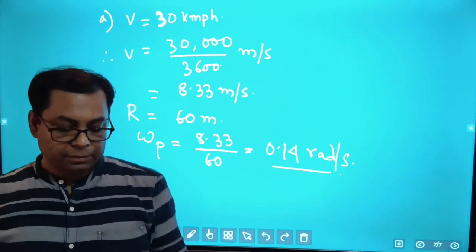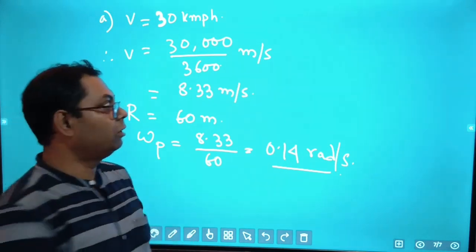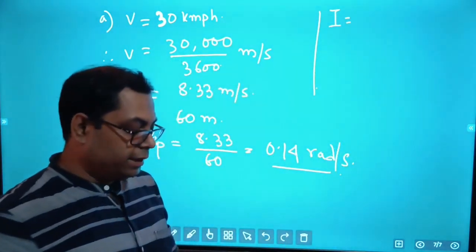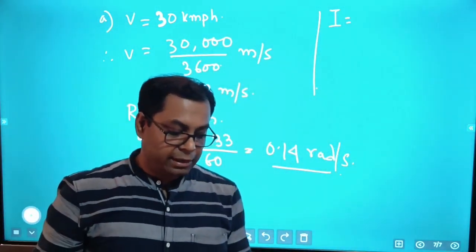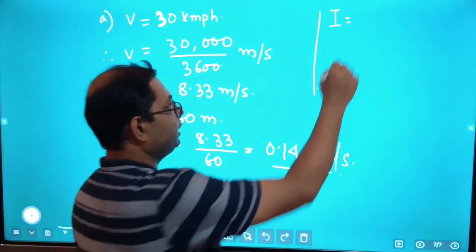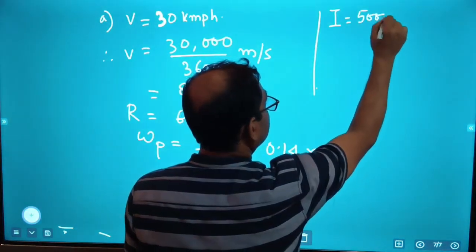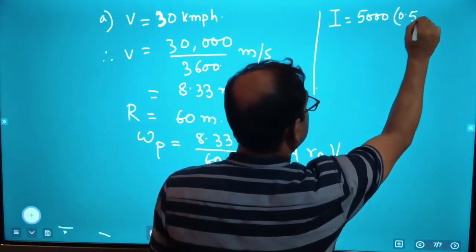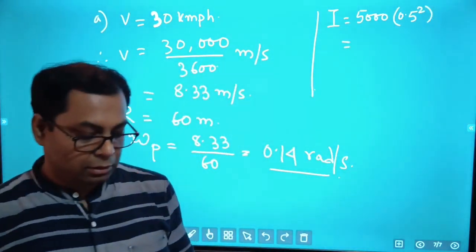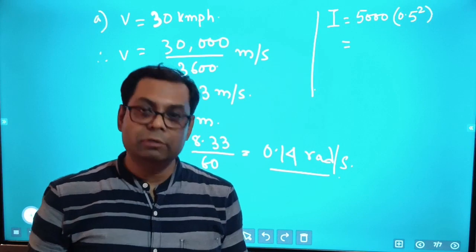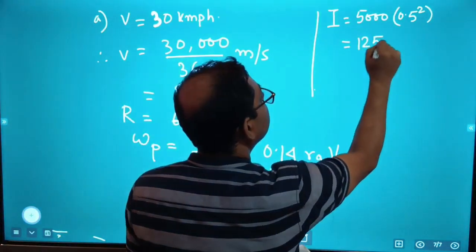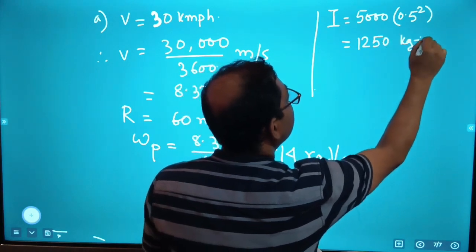From the given problem we already know that I is m into k square. So the I value is 5,000 into 0.5 whole square. So I, the mass moment of inertia, is 1250 kg meter square.